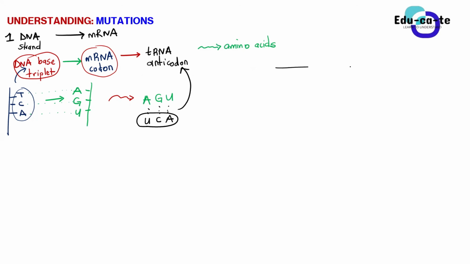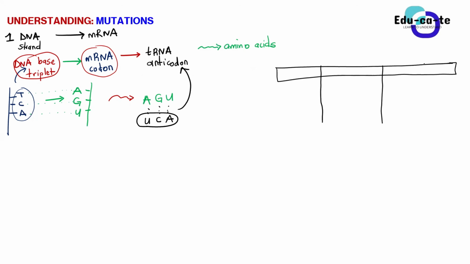They can give you a table, guys. Let's just write it in the form of a table. When they want you to do questions that have to do with mutations, they will give you a table. For now, I'm just going to make a table that will have everything, and I will show you how they question you on stuff like that.